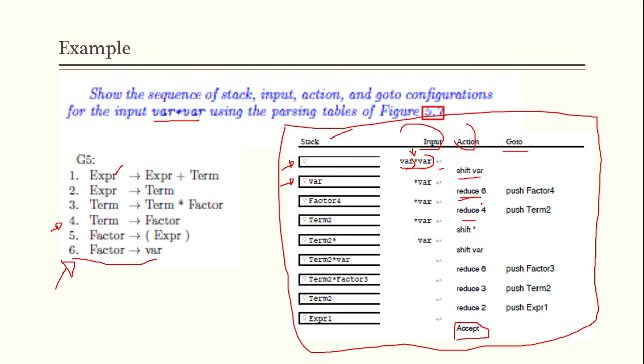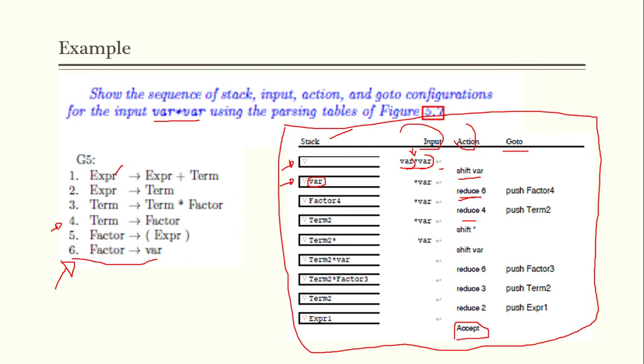Reduce 6 means that it is rule number 6. Rule number 6 says that factor goes to var. So that means we want to replace var with some stack symbol. What stack symbol? That one we need to read from the goto table.